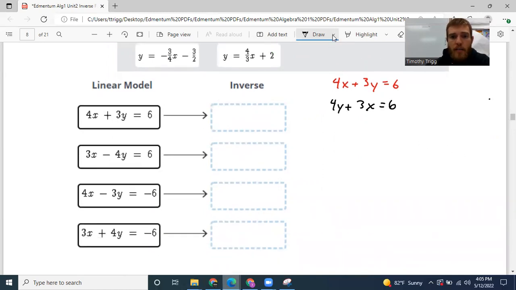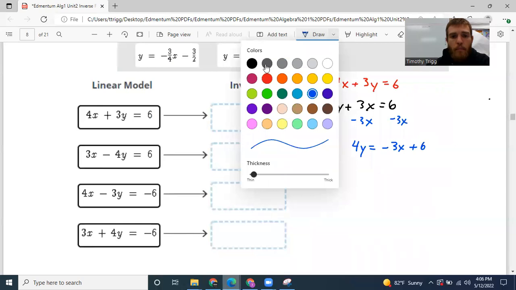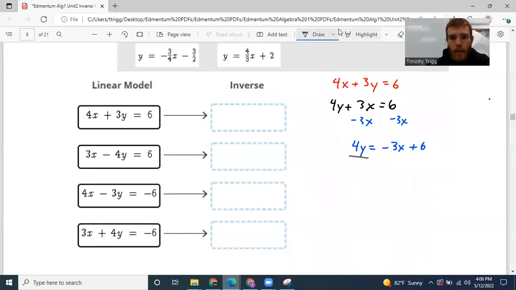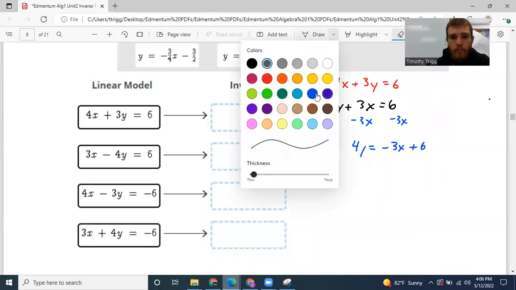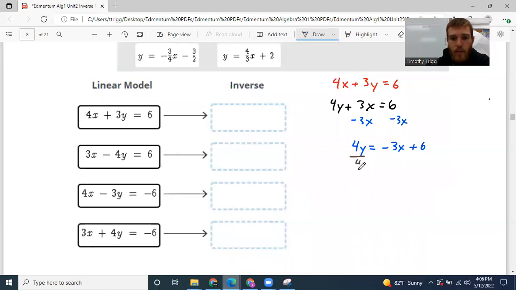To help us get y by itself, we're going to subtract 3x from both sides of the equation, giving us that 4y equals negative 3x plus 6. I like to put my x's in front of my constants. Lastly, divide both sides by 4 to get y by itself.